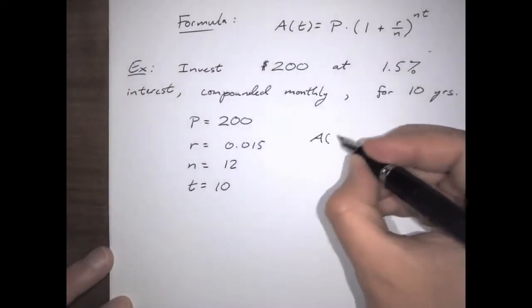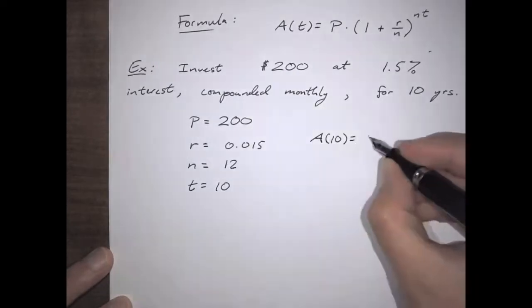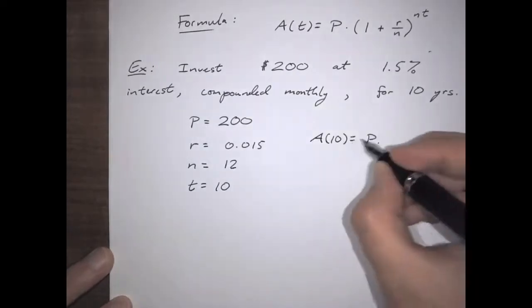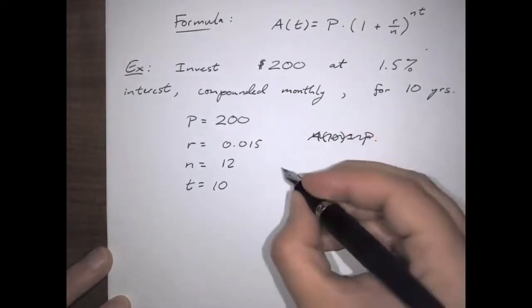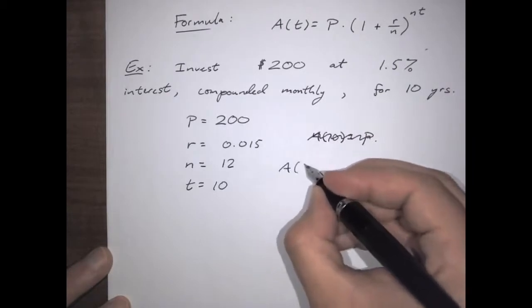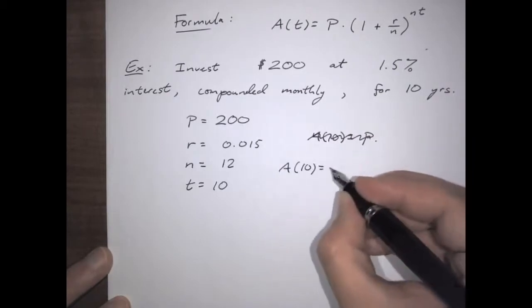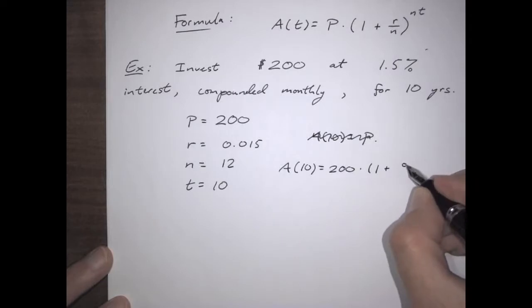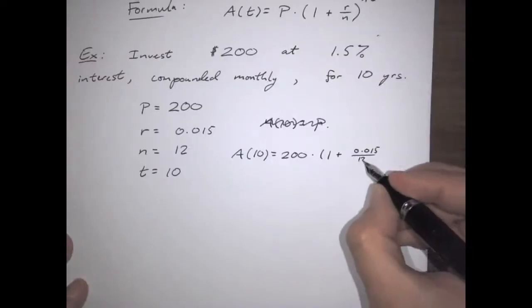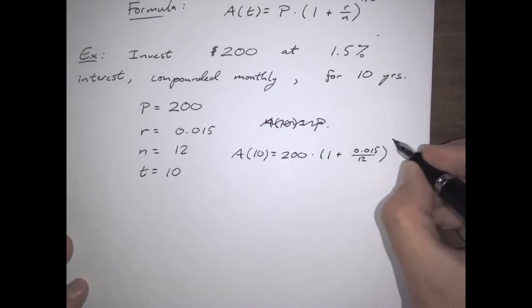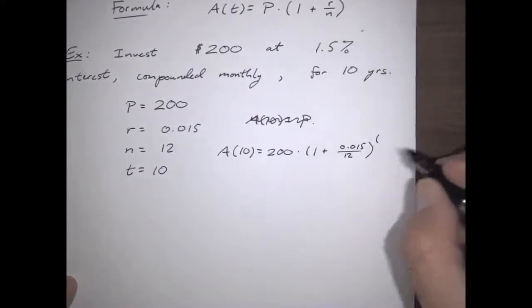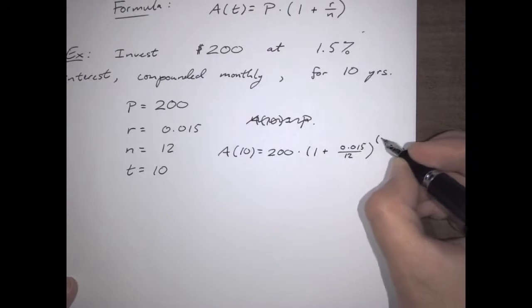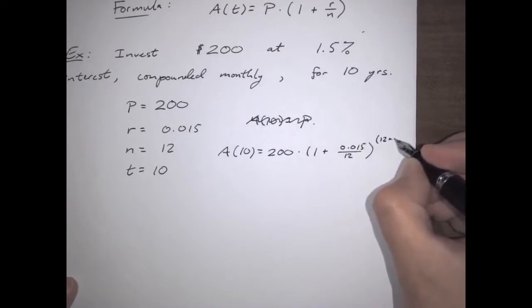And so A of 10 will be, sorry, we'll just put in the actual numbers here. A of 10 will be 200 times 1 plus 0.015 divided by 12 to the power of, and no harm in putting parentheses here, 12 times 10.